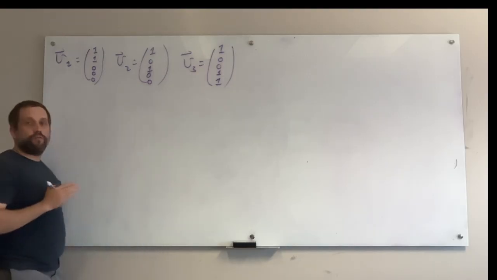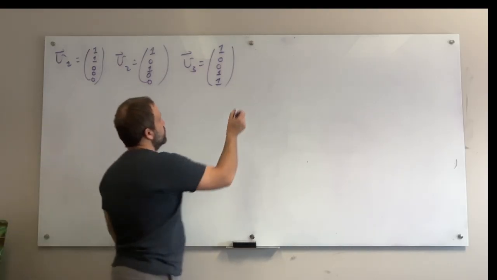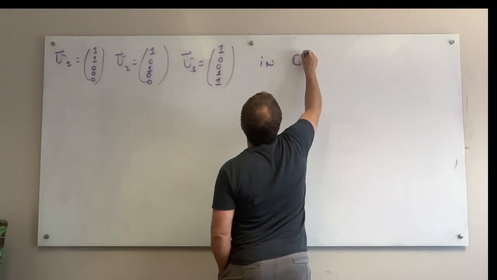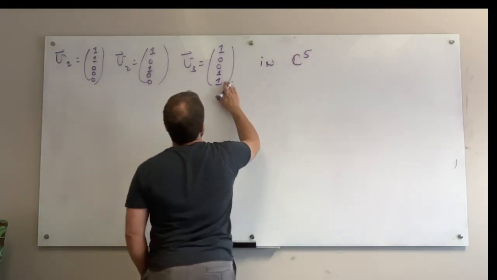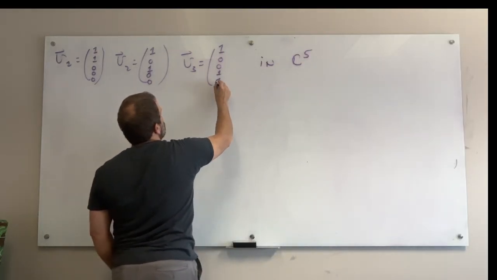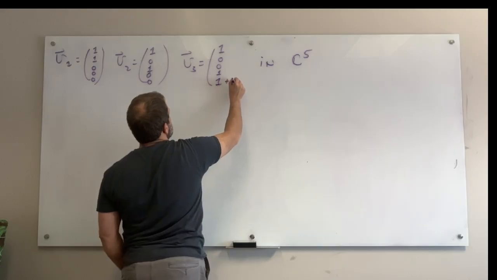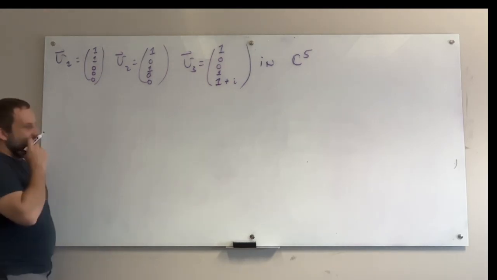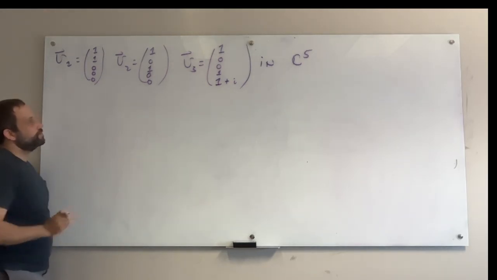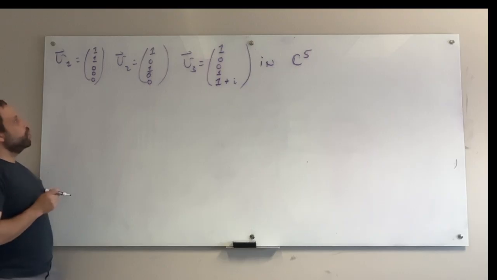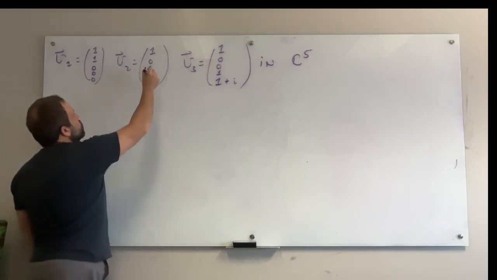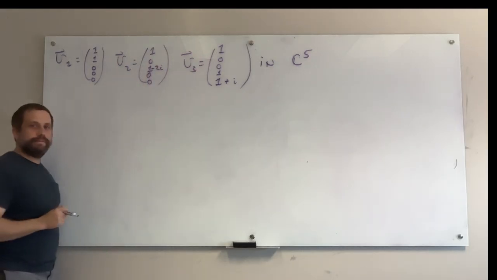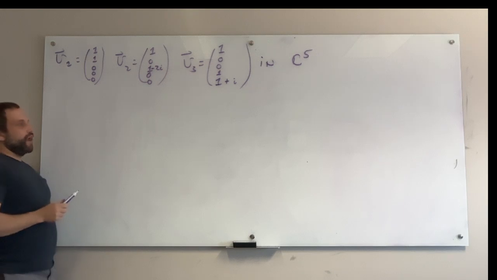They are in R5, or we could say they are in C5. And to make it actually complex, I'm going to say this is 1 plus i here, and then maybe 1 minus 2i like that, at least for this example. Okay, so these are three vectors.